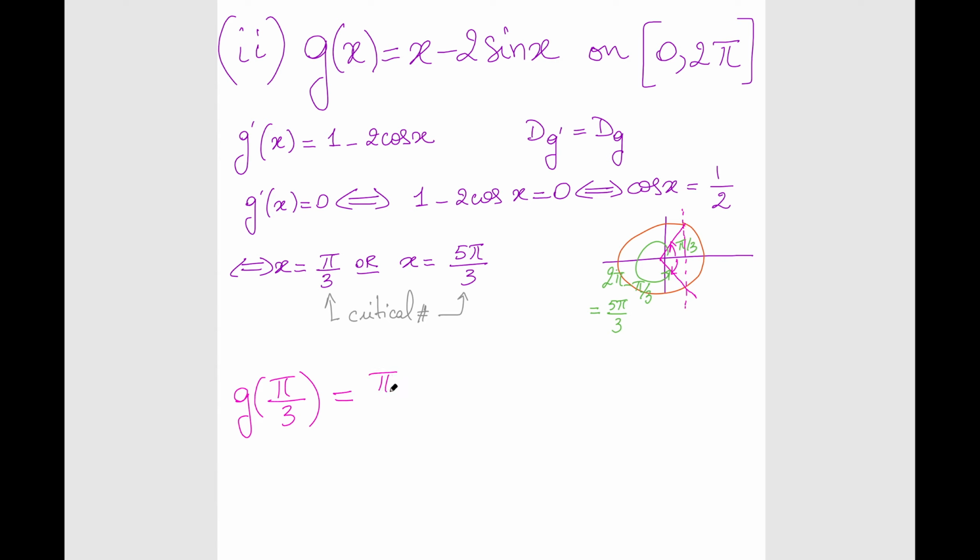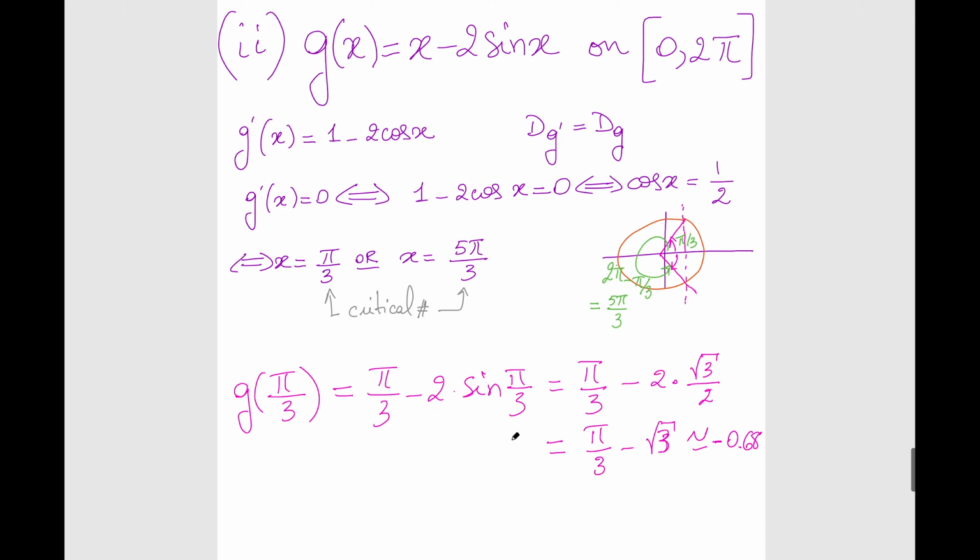So pi over 3 minus 2 times sine of pi over 3. Sine of pi over 3 is square root of 3 over 2. So that's pi over 3 minus square root of 3, which is approximately, if you use your calculator, negative, minus 0.68 or something. Okay.